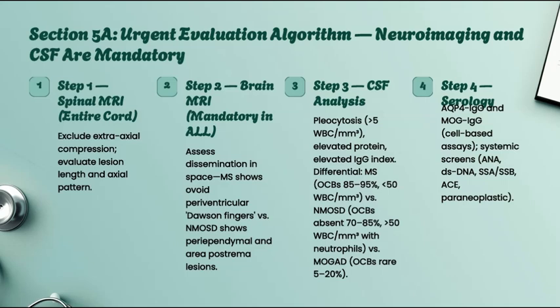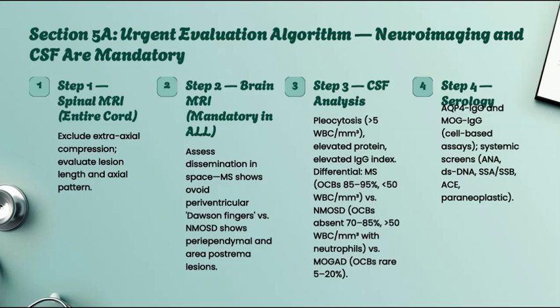Second, confirming inflammatory cord involvement and characterizing lesion morphology. Lesion length, axial distribution, enhancement pattern, and conus involvement all provide valuable clues. The second investigation is brain MRI, which should be performed in essentially all patients.